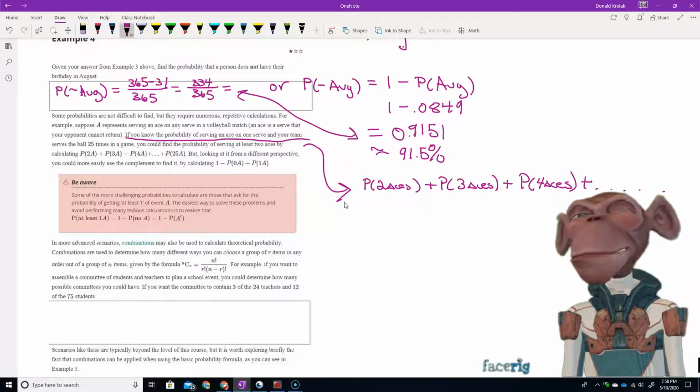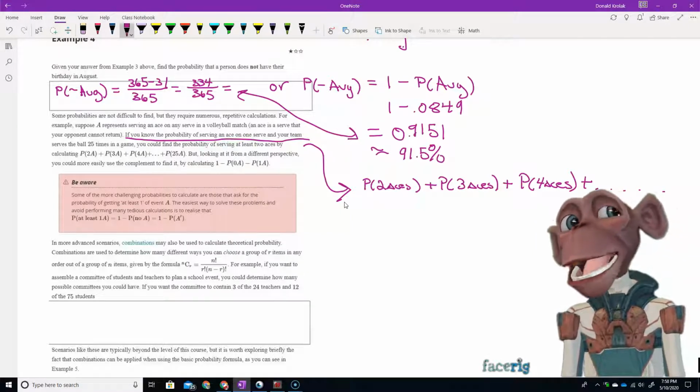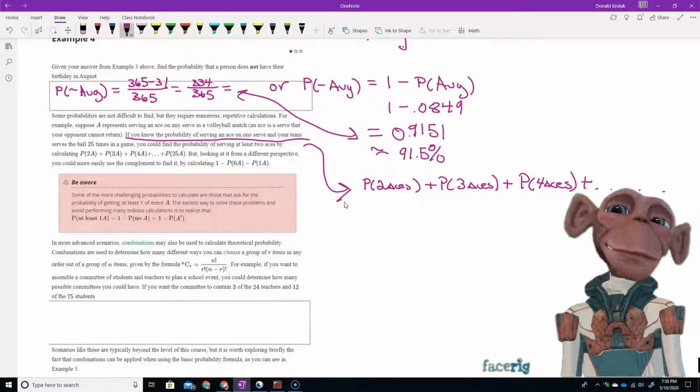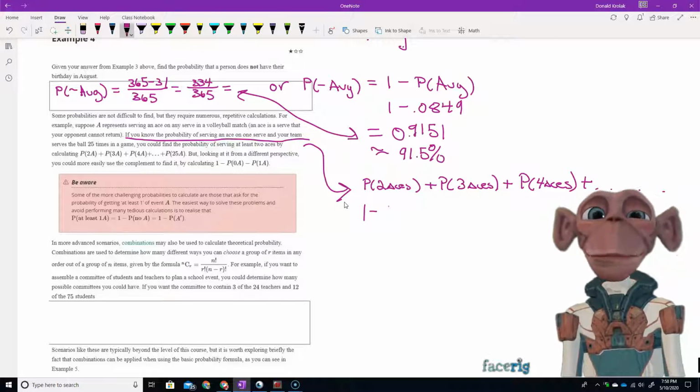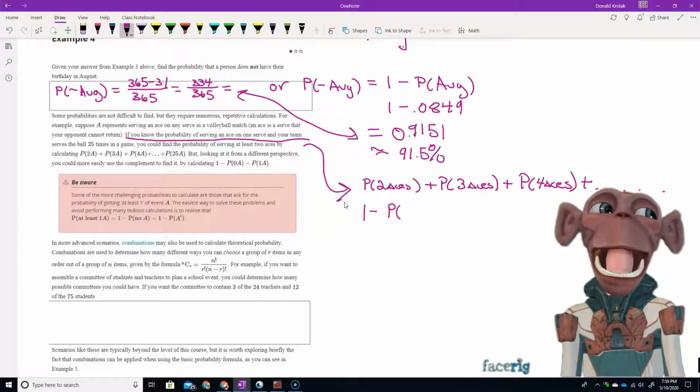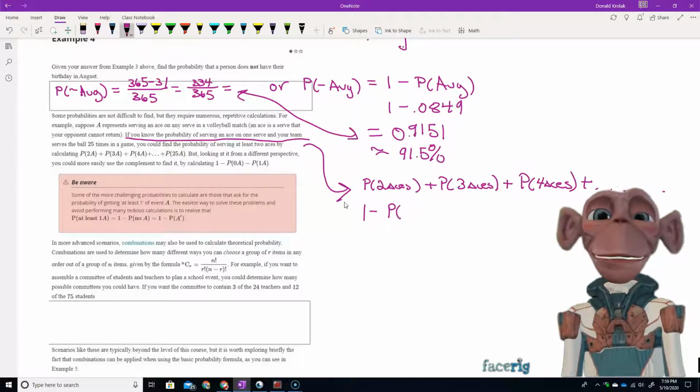Well, if we think about it in terms of its complement, finding out all of those would be the same as taking 1 and subtracting the probability of less than 2.